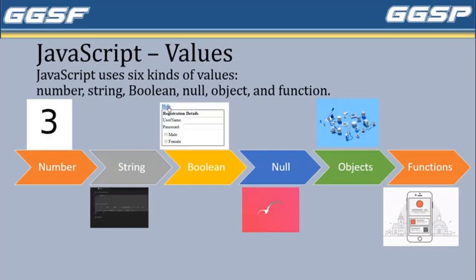A predefined function is already created for you in JavaScript, such as alert. And the function which you define and customize yourself, such as display hello world, move the screen, click on this, show graph, anything whatever you want to give. Those are the various functions.